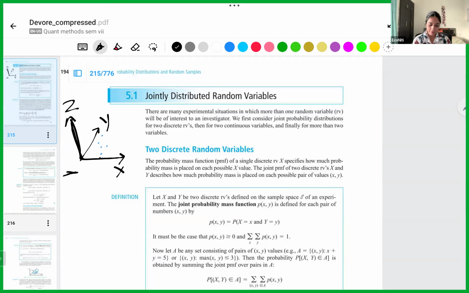Suppose this is a value, your x takes this value, and your y takes this value. Its probability, we will plot in 3D. That value is suppose this much. And when you have plotted everything, it looks something like this, which is giving a value to every possible combination of x and y values, which is essentially giving you the probability of the particular combination of x and y at any point.